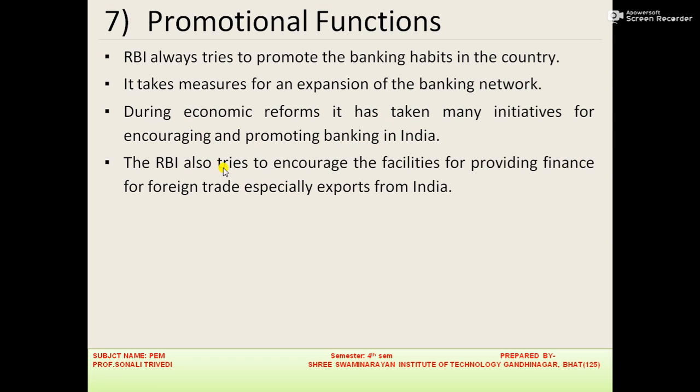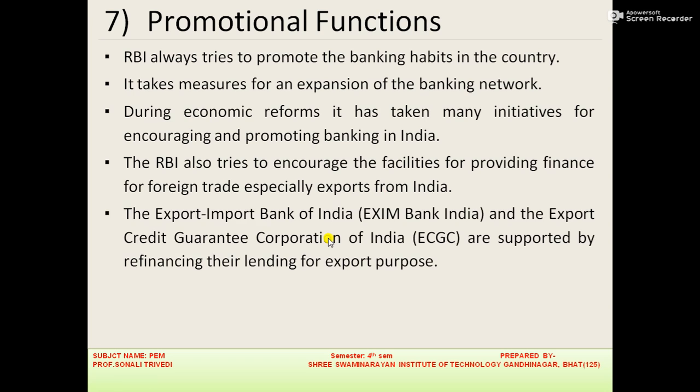The RBI also tries to extend facilities for providing finance for foreign trade, especially exports from India. The Export-Import Bank of India, abbreviated EXIM Bank India, and the Export Credit Guarantee Corporation of India, ECGC, are supported by refinancing their lending for export purposes.